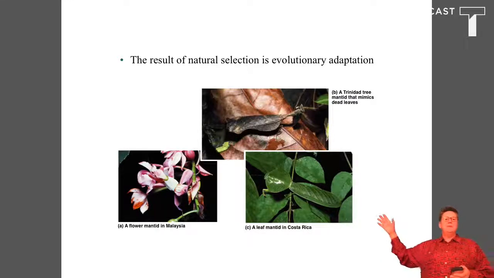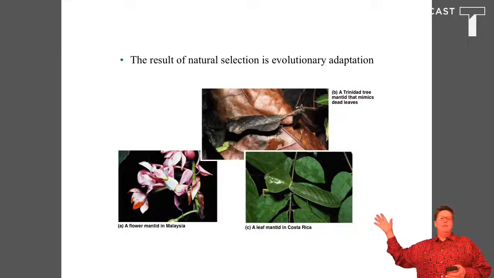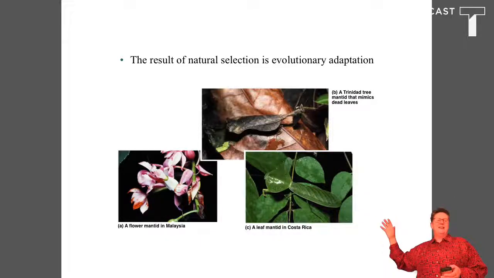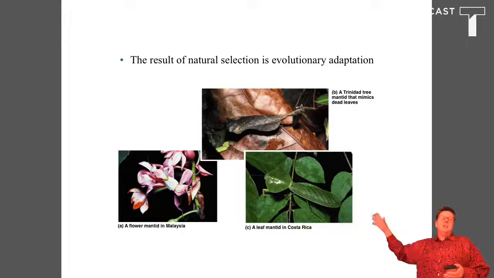These are extreme examples of tropical mantids that have come to look exactly like their background, because the predators, maybe birds, maybe other predators, are eating the mantids that look less like their background, picking those out until the ones that survive and reproduce are the ones that look like their background. And we have these amazing examples of evolutionary adaptation and specialization.